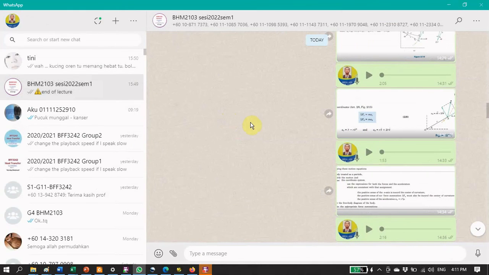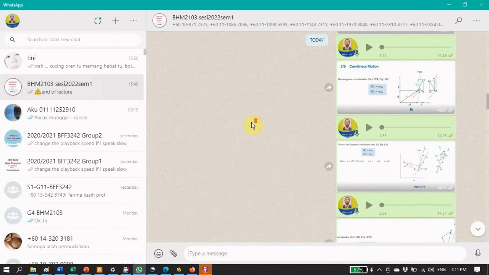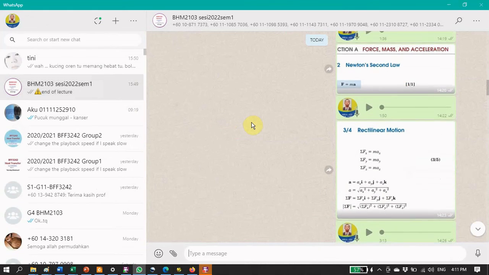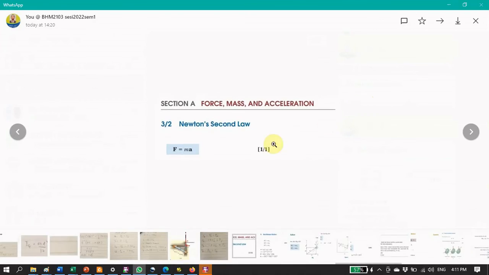The scope is greater in terms of evaluating the equation of motion based on the inertial frame of reference and non-inertial frame of reference. What I mean by non-inertial frame of reference is that the coordinate system is moving.